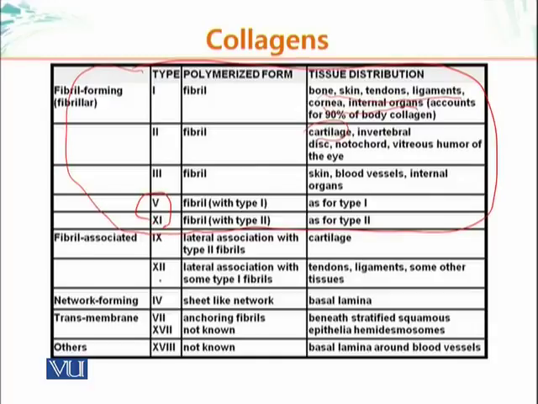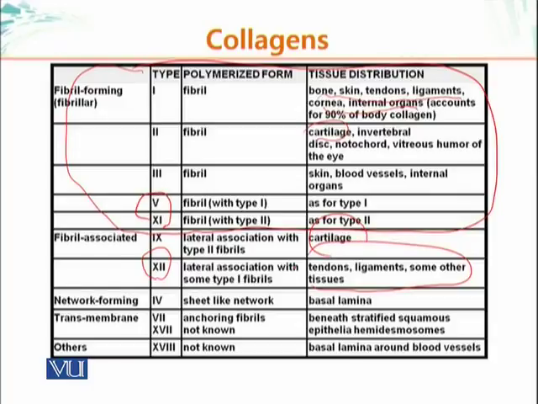Type 9 and type 12, we have said, have lateral association with fibrils. For example, type 9 has lateral association with collagen 2 fibrils in cartilage. Type 12 collagen is found in tendons, ligaments, and some other tissue.